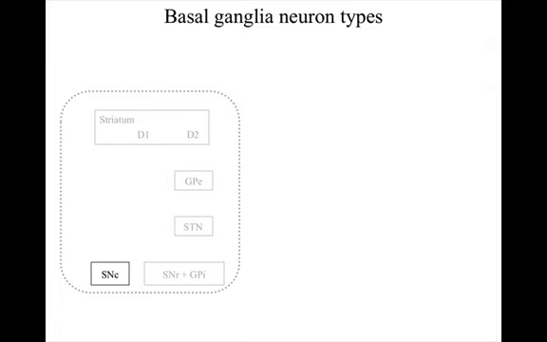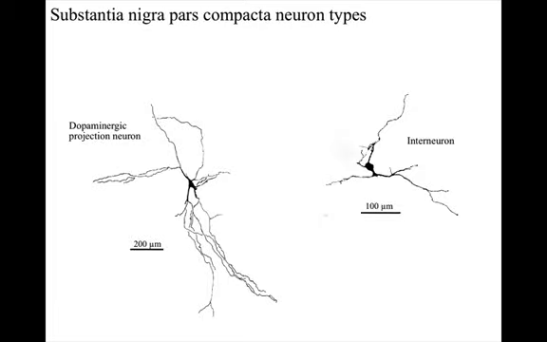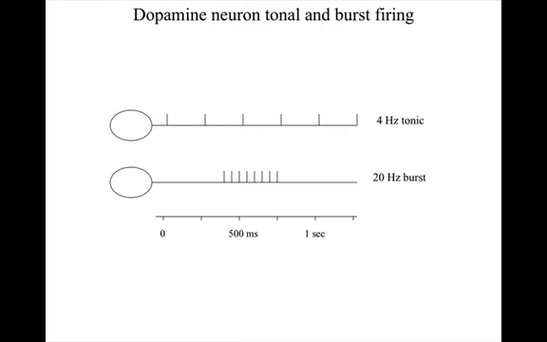Finally, taking a look at the neurons in the substantia nigra pars compacta. The projection neurons are dopaminergic and are not spiny, and there are also GABAergic interneurons. An interesting functional property of these dopaminergic neurons is that they fire in two different modes. One mode generates spikes at about 4 Hz.